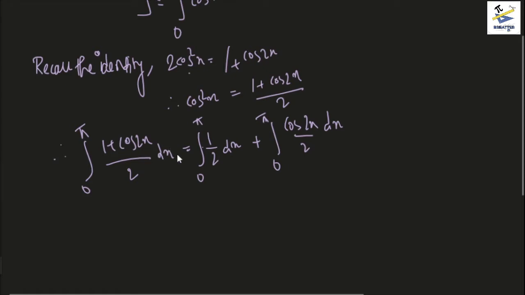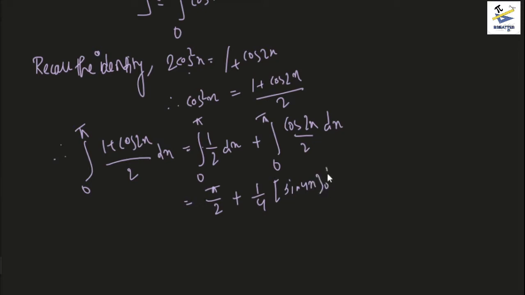Now half dx will basically be pi by 2, and for this part we will have 1 by 4 sine of 4x from 0 to pi, and as we know, integral multiples of pi for sine x will always give you 0, so this will give me pi by 2 as my final answer. Let me just write down the answer: the integral from 0 to pi of cos square x dx equals pi by 2. So we shall proceed from here on.